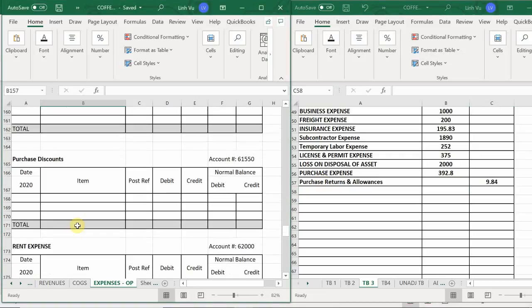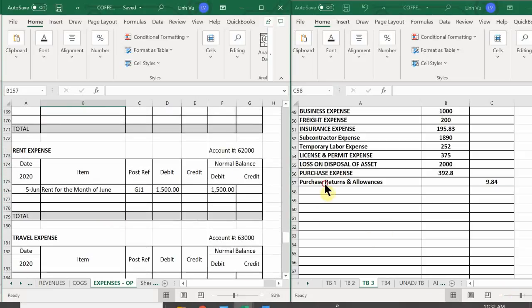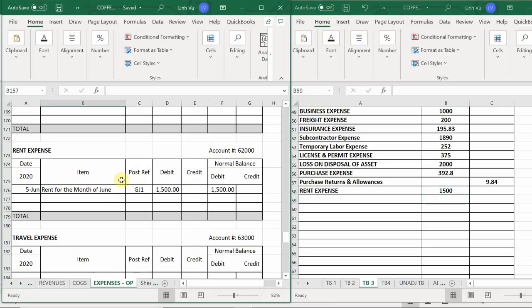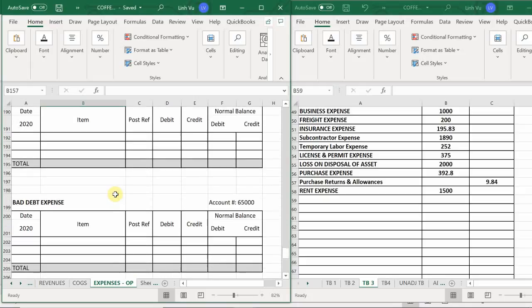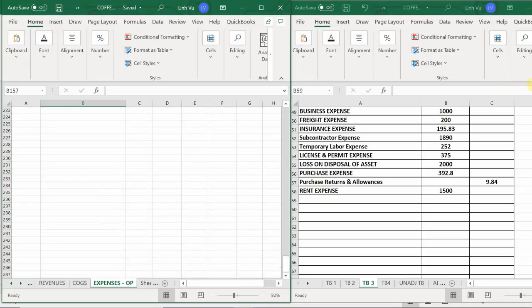Okay. No purchase discounts. Okay. Rent expense is going to be the next one, for a total of $1,500. $1,500. Okay. No travel expenses yet, because Mr. Allen hasn't submitted anything to us yet. No utilities expense. Okay. And then let's see, no bad debt yet, or depreciation or amortization.